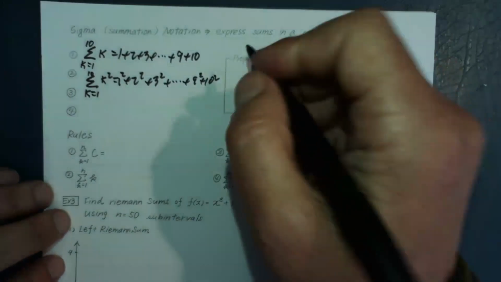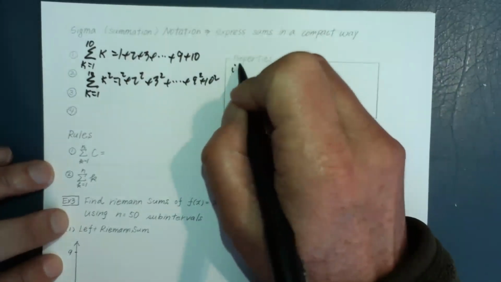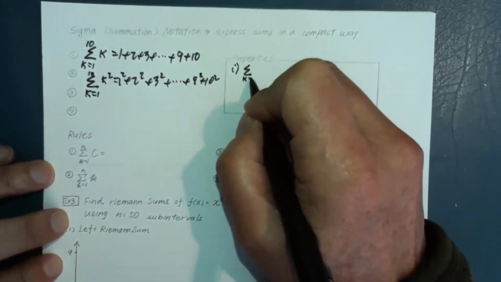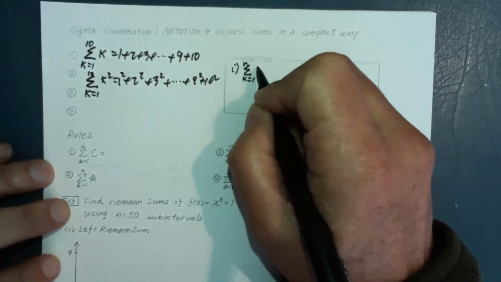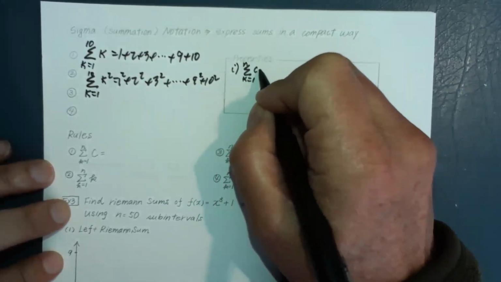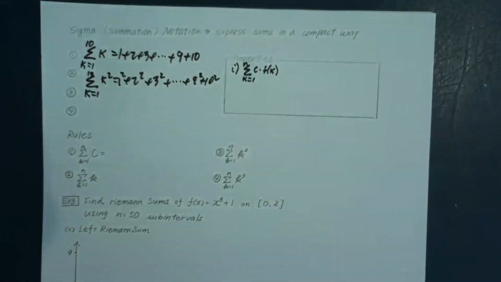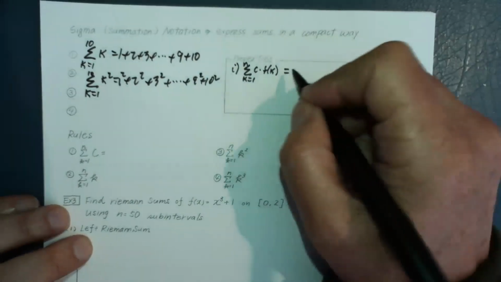So some properties to note. So if I have a constant times a function of k, and I did this already with the delta x, we actually can take that c out.